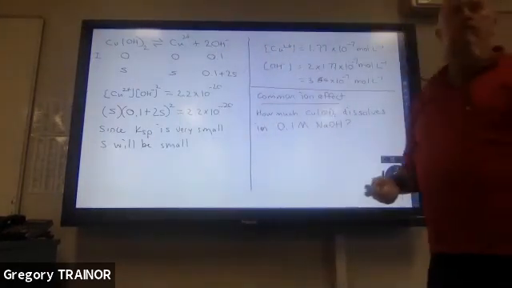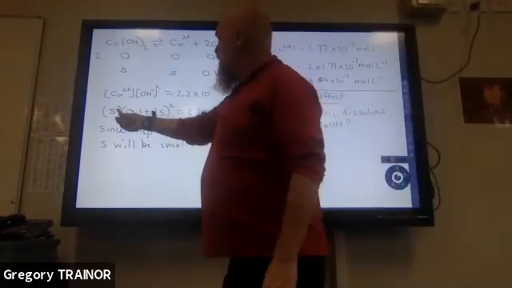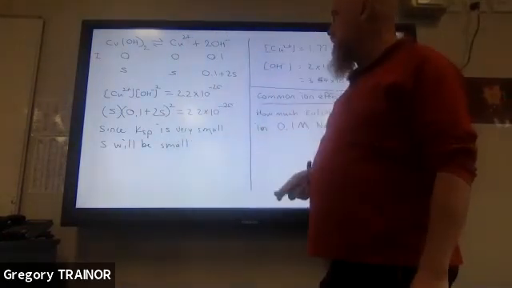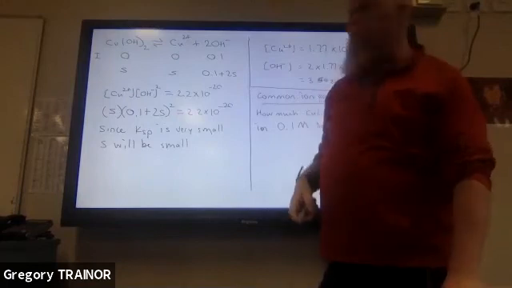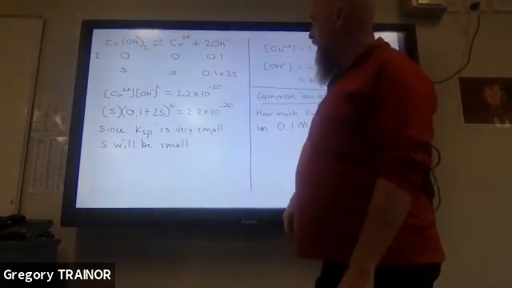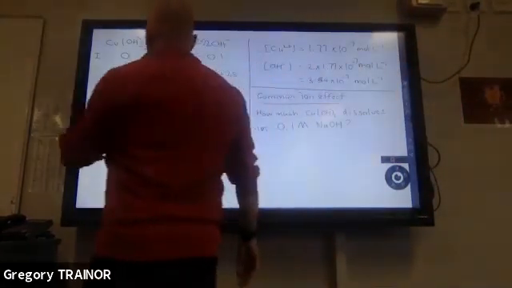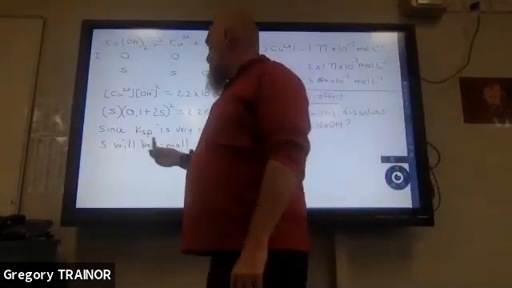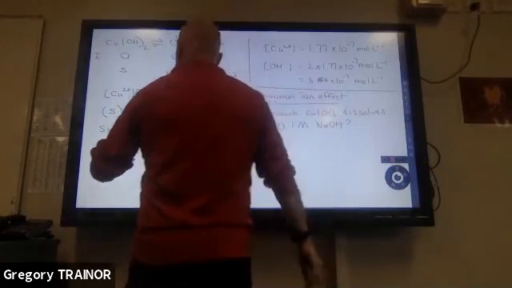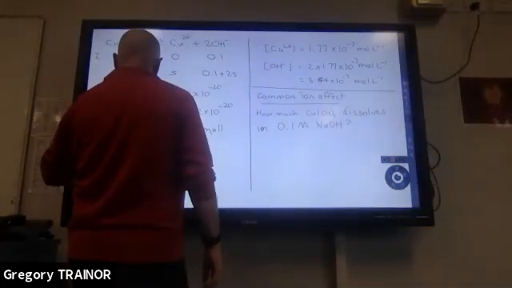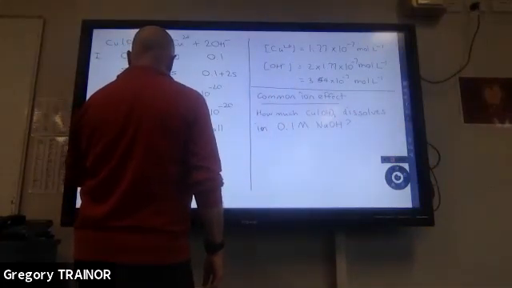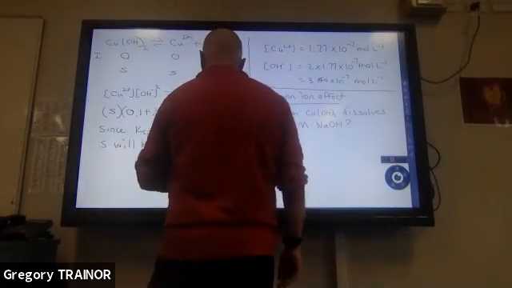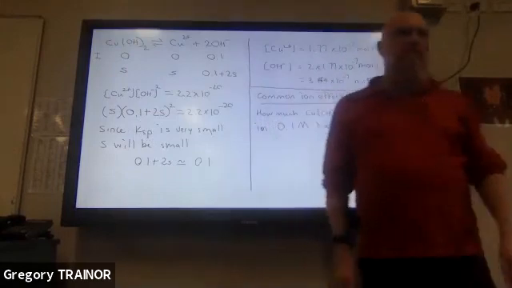We could multiply this out and we've got a complicated cubic equation to figure out, and my maths is a little bit rusty. So we're going to simplify our calculation by saying that because S is small, then 0.1 plus 2S is going to be approximately equal to 0.1.